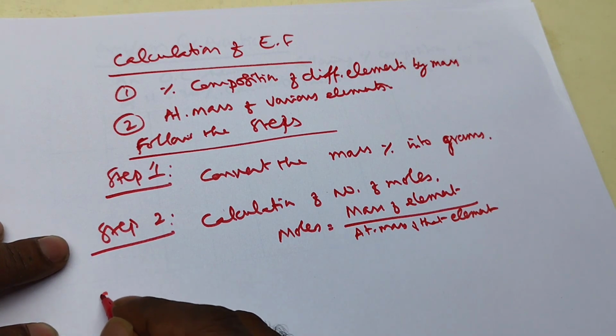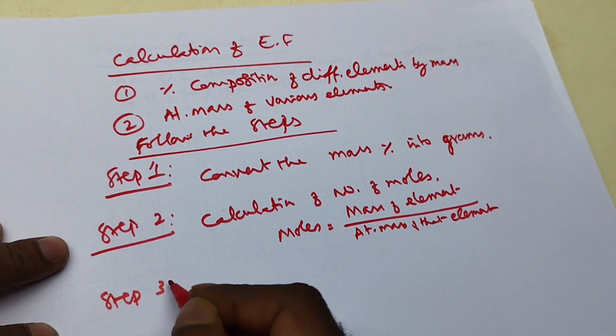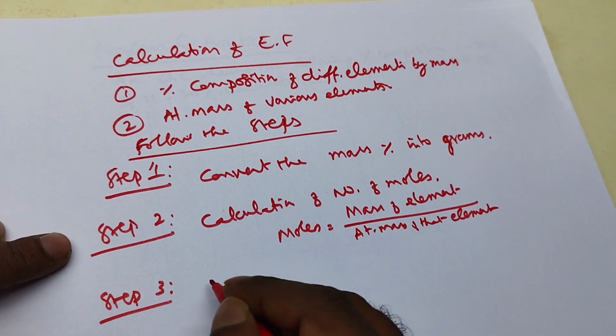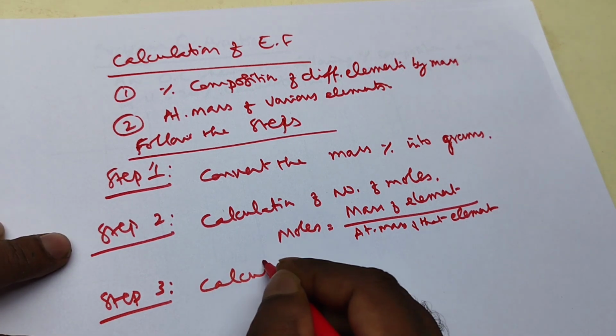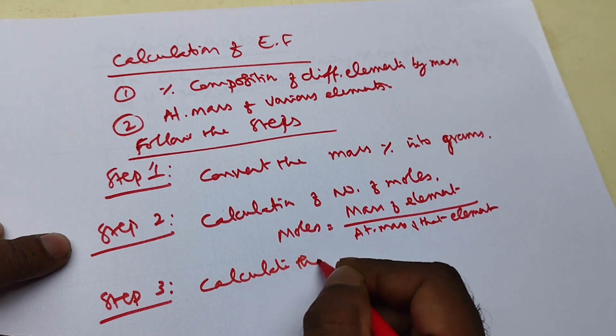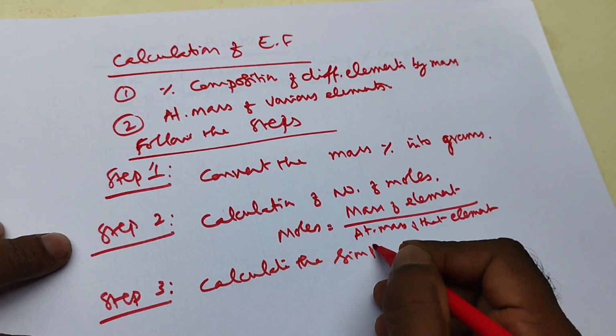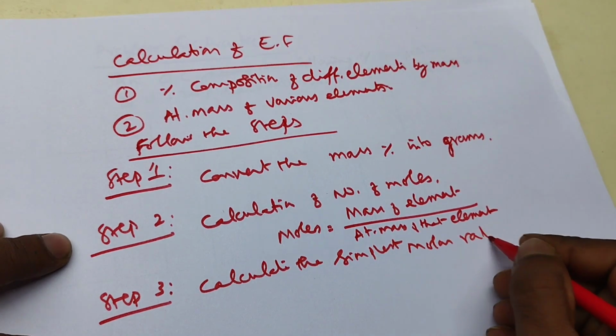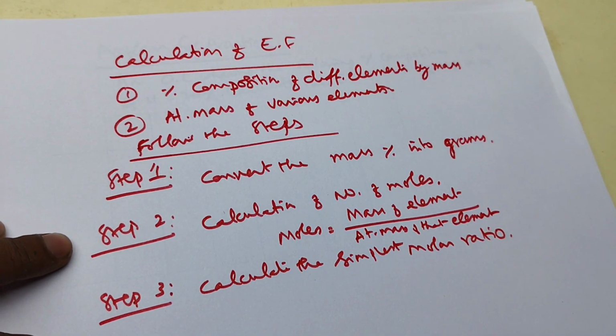That is step 2. In step 3, we have to calculate the simplest molar ratio. That is the third step.